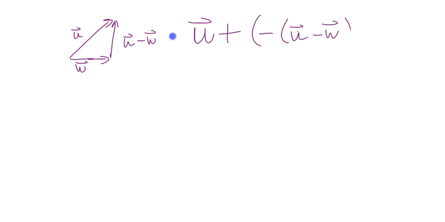And what vector is that? That's u minus w. Because u, this, plus, but I have to turn this around if I want to do tip to tail. So plus, and how do I turn something around? Make it negative. Additive inverse.